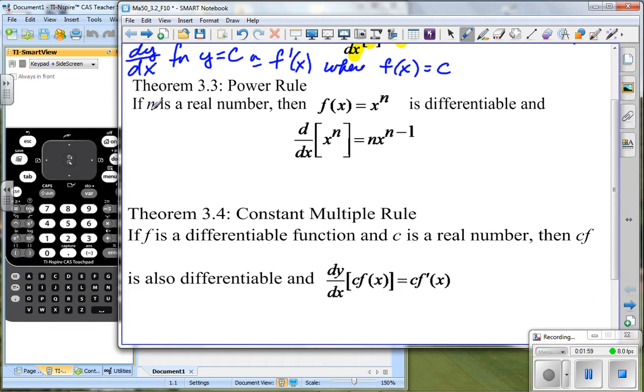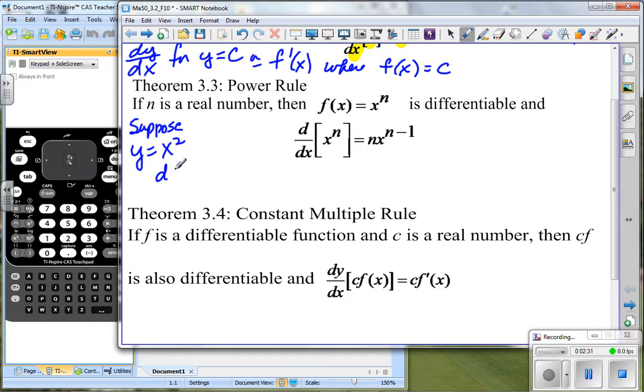If n is a real number, then f of x equals x to the n is differentiable. Remember, differentiable means that the function has a derivative. Now what we're looking at is, suppose that y is equal to x squared.